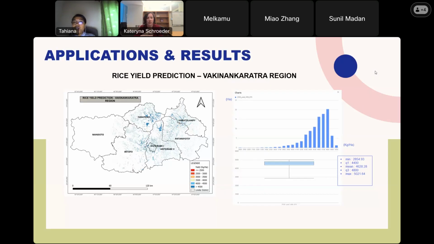The biggest challenge with yield prediction for Madagascar is that it's very difficult to get the harvest index. On this platform they use the formula yield equals biomass times harvest index, so we have to find the harvest index to determine the yield prediction. It's a big challenge for Madagascar.